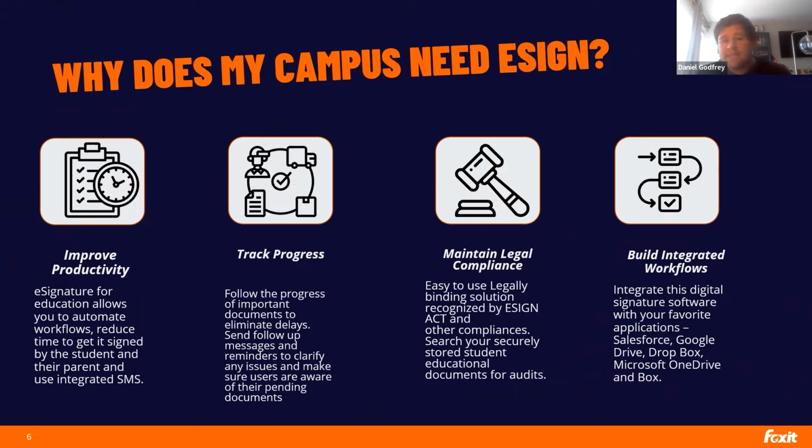With eSign workflows, you can actually integrate all of these systems into one place, so you don't have to house them in different areas. They can be housed in one place. We could utilize your Salesforce, your Google Drive, your Dropbox, OneDrive, Box, all those things to gather the important documents you use, and get them sent out for requests from one location.